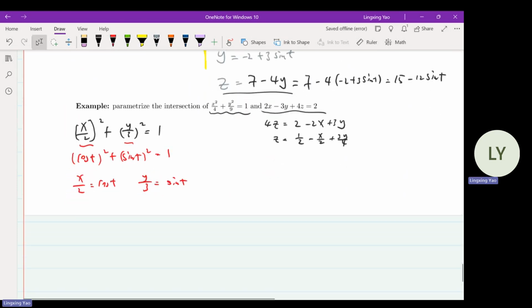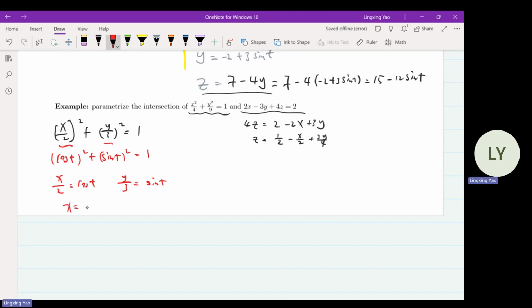With those two, we realize x equals 2 times cosine t, y equals 3 times sine t, and z equals 1/2 minus x over 2, which becomes 2 cosine t over 2, plus 3 over 4 times y, which is sine t. So now we have the parameterization.